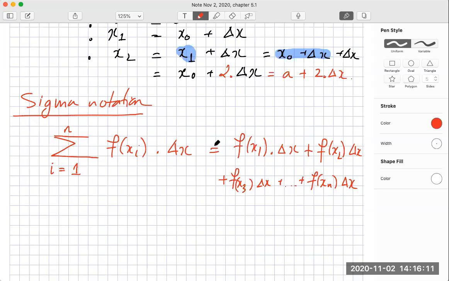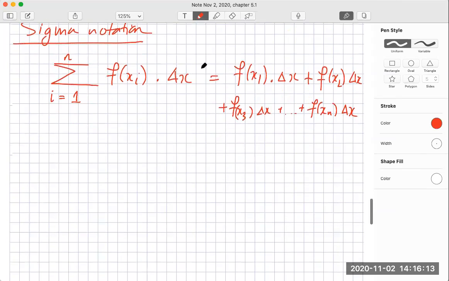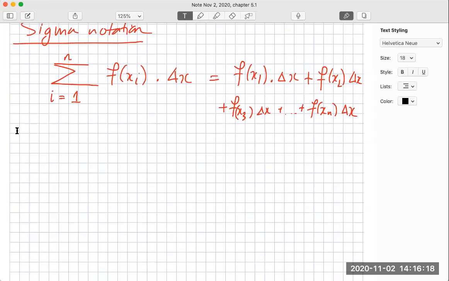And another type of problem, let us call it the distance problem.